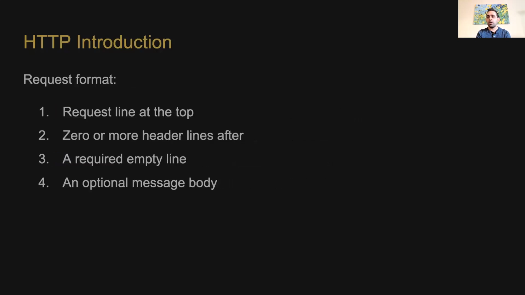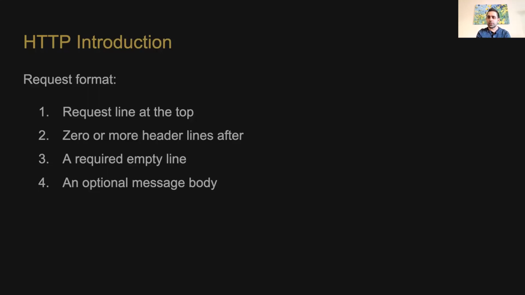All right. Let's talk about the format of a request. This is an HTTP request that your browser would send to a server, for example. The very first thing is you have to have a request line. This specifies what you're asking for, what your request is all about. Then you can have some header fields, which give additional data to your request, like what type of file or format you want back.